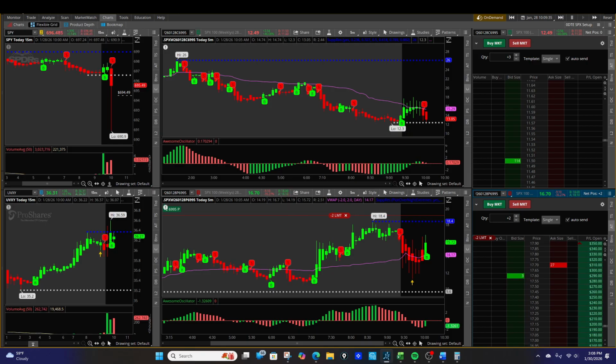Now, getting into this trade was a little risky because of the fact that over here on the VIX, there is a spinning top. And spinning tops usually mean that there's indecision. We don't know if it's going to go up or go down.